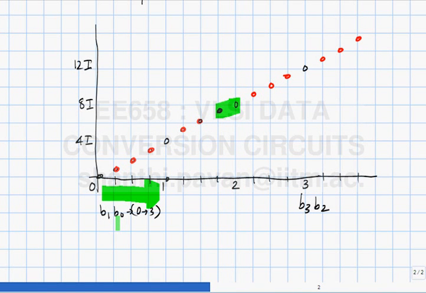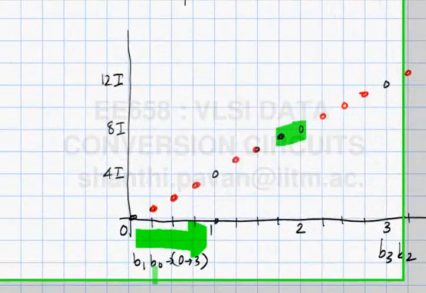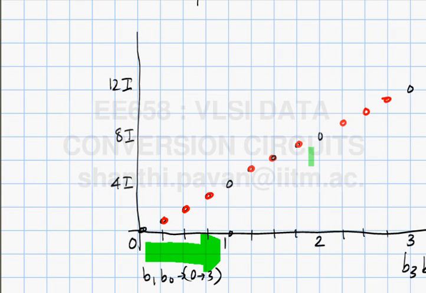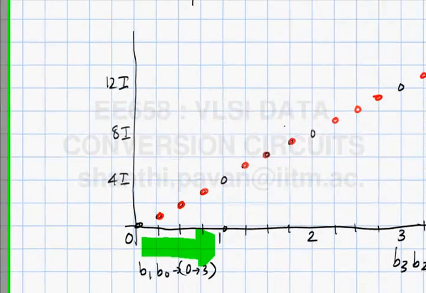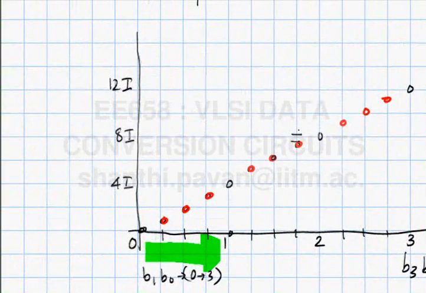Okay. So let's now sit and calculate what the output DNL between these two codes is. So what are we doing here?